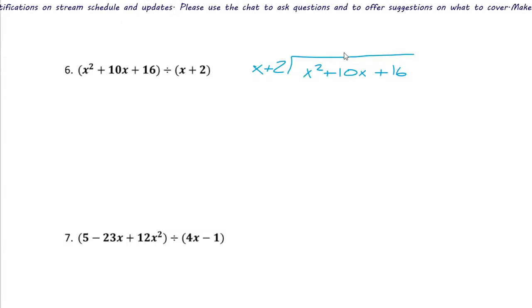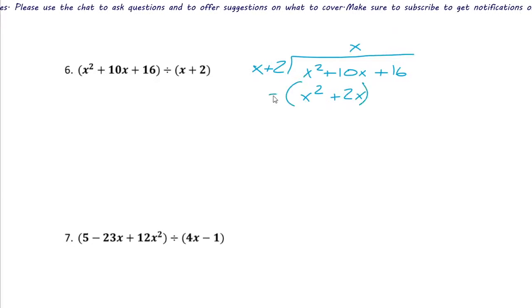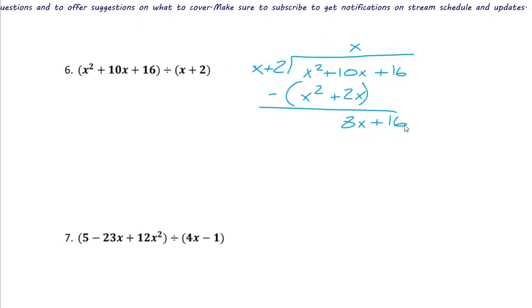We're going to multiply by just x. x times x is x squared. x times 2 is positive 2x. Subtract. So x squared minus x squared will be 0. 10x minus 2x is going to be 8x, plus 16.